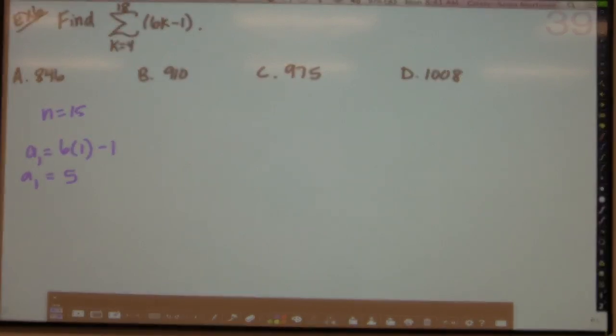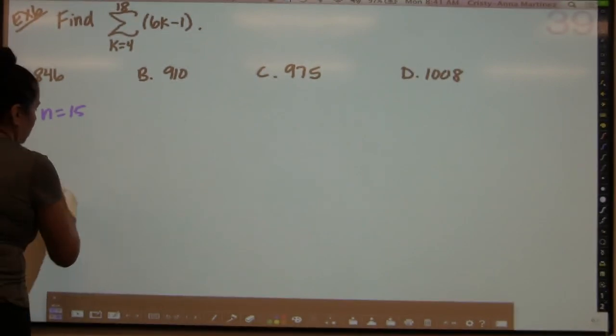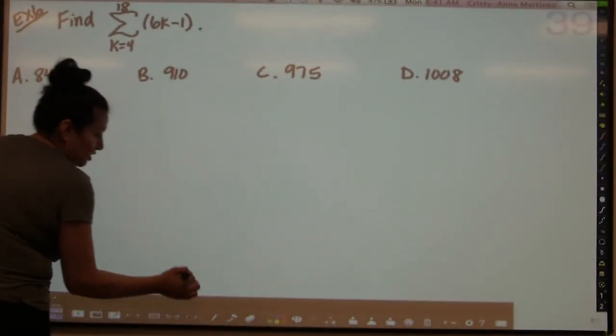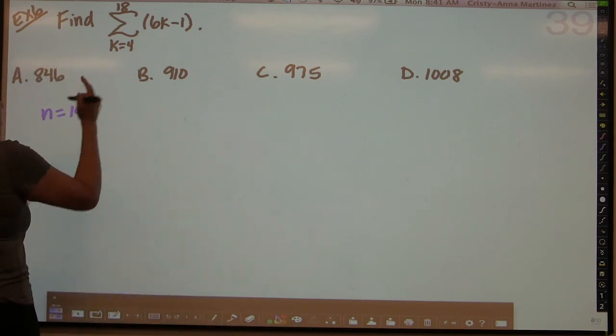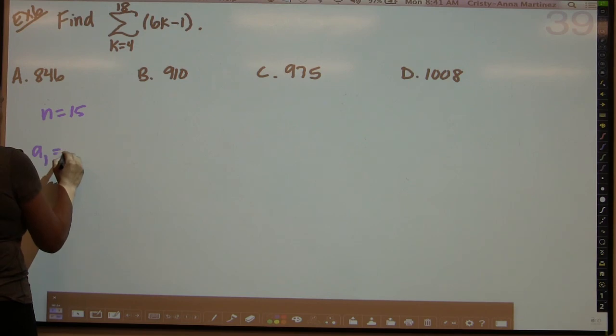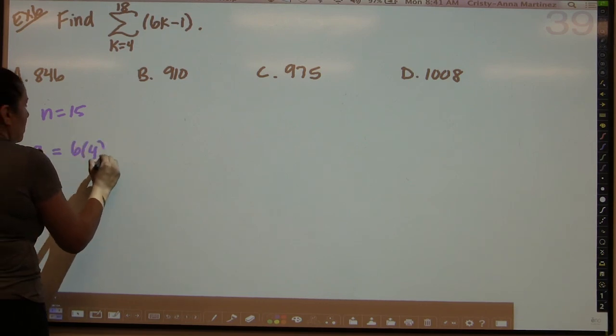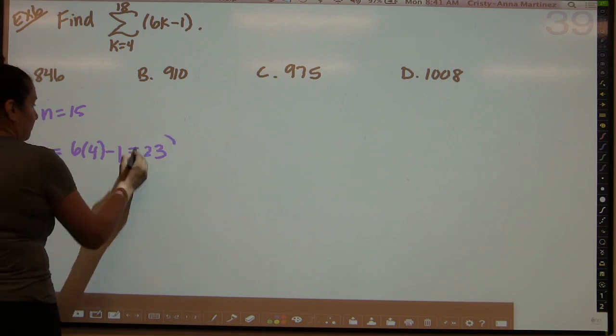I'm sorry, I don't know why I just did that. Erase that. A sub 1 in this case, because I'm not starting with the 1st term, remember? My 1st term in this case is actually going to be the 4 in there. So my 1st term is actually going to be 6 times 4 minus 1, which I already calculated earlier and I erased it, but it's 23.